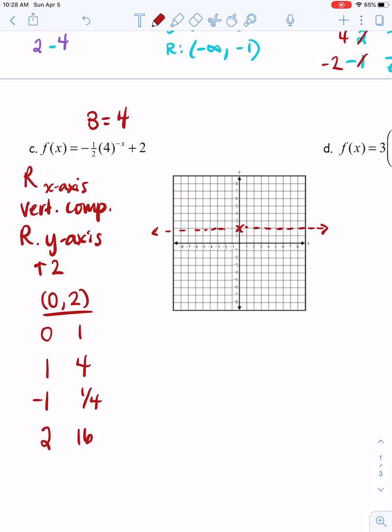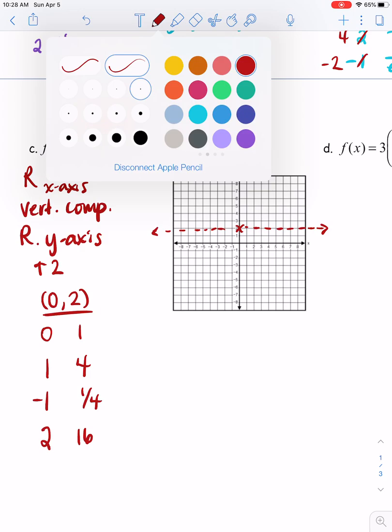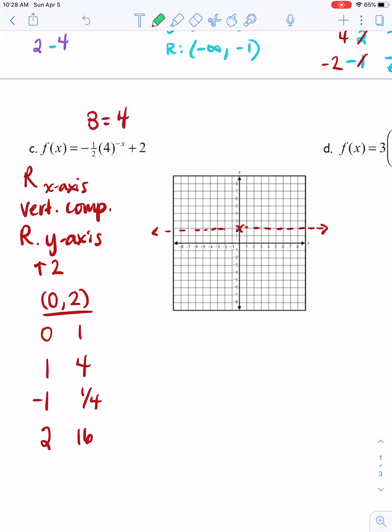Now to this parent function, the 0, 1, 1, 4, -1, 1, 4, I'm going to apply the reflection over the x-axis, the vertical compression, and the reflection over the y-axis. Okay, if I were to reflect over the x-axis, then that means all of my y values are going to change from positive to negative or negative to positive, right?